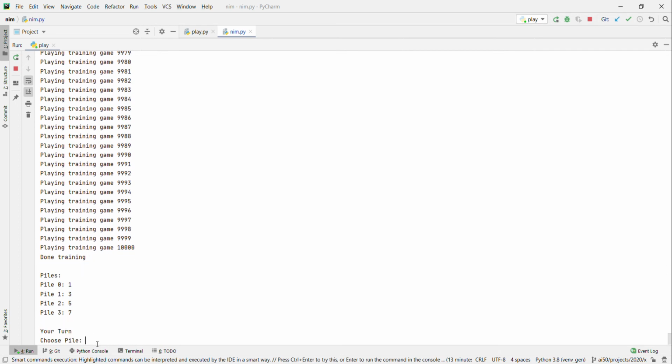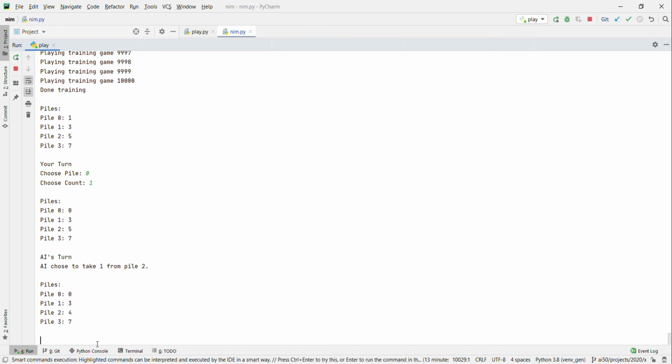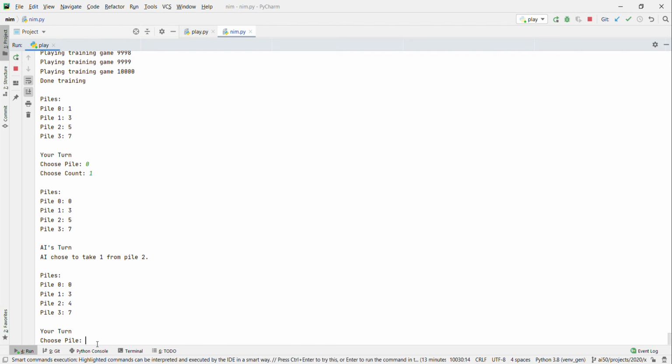So now the first turn is mine. So I will take out one from the 0th pile, and the AI has taken one from pile 2.